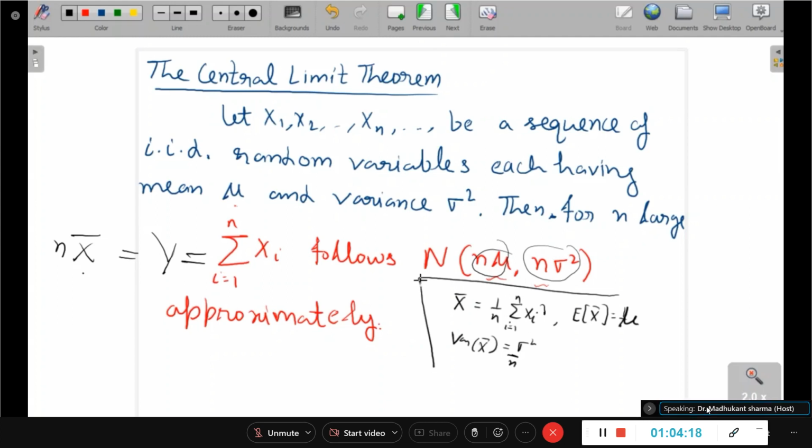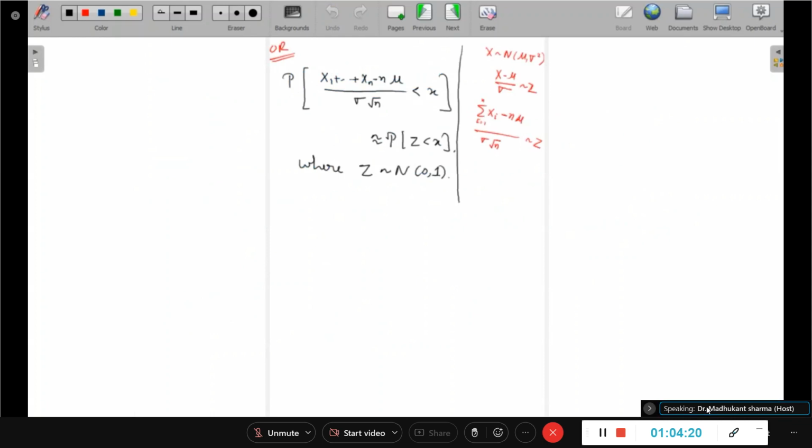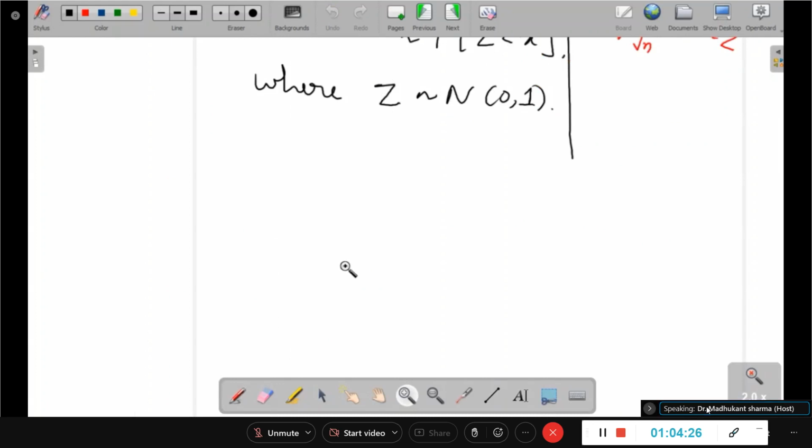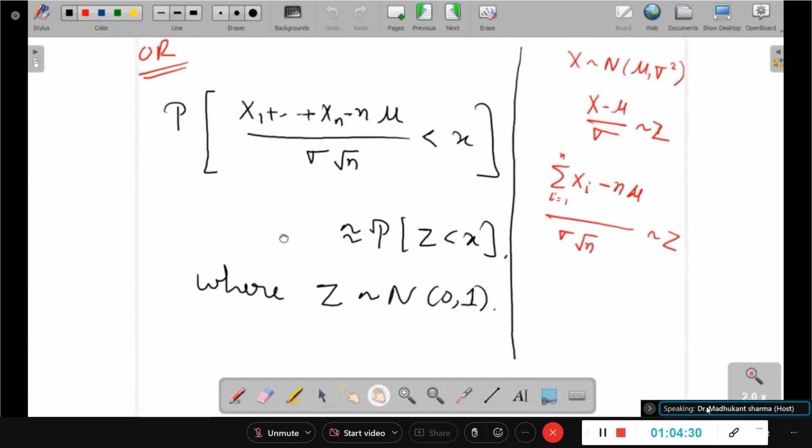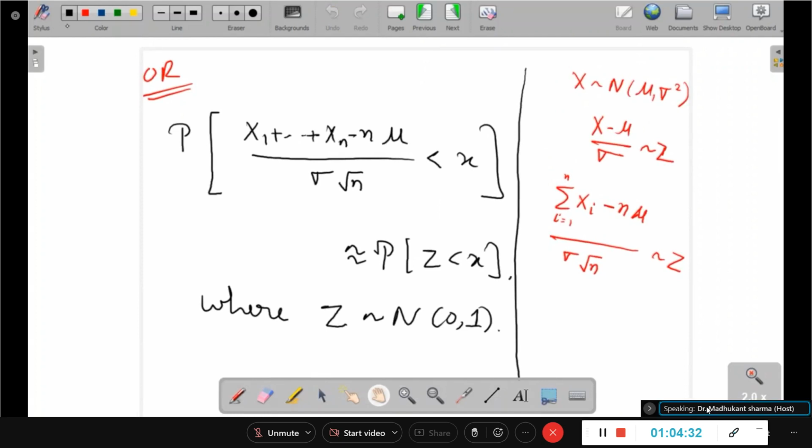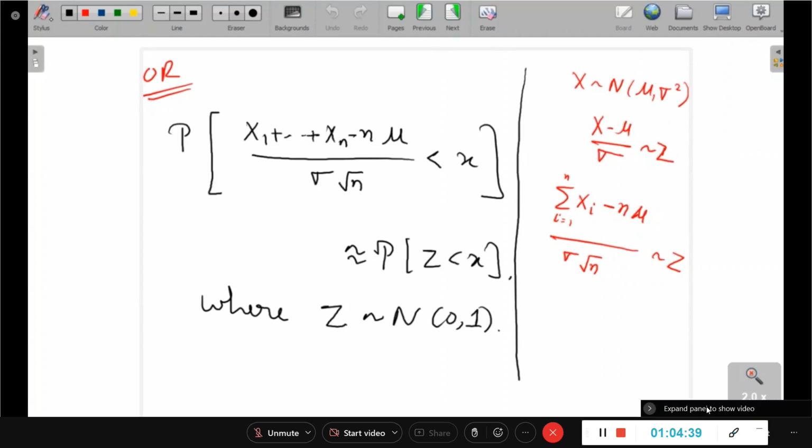Now try to read this. I'm zooming in. Can you convince yourself that this is an equivalent case, that what I stated previously can be translated into this?